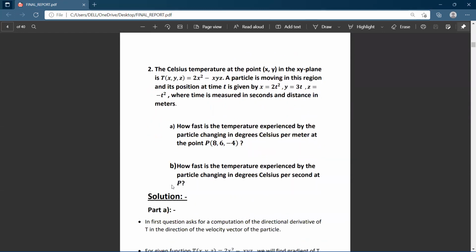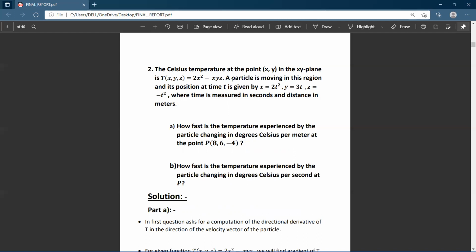Now problem 2. The Celsius temperature at the point x, y, z in space is T of x, y, z equals 2x squared minus xyz.